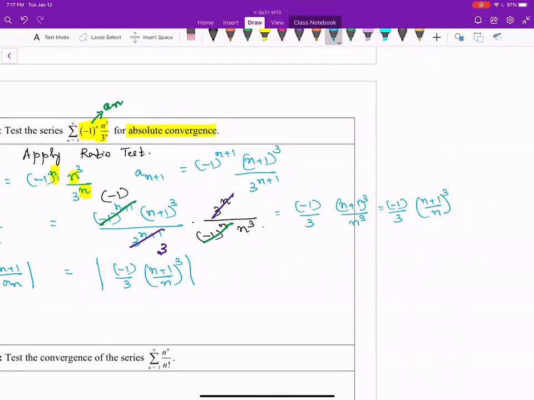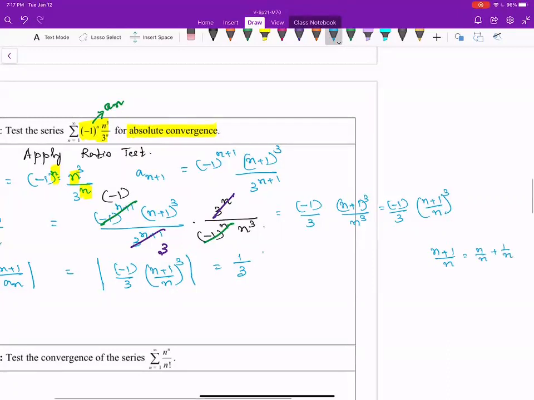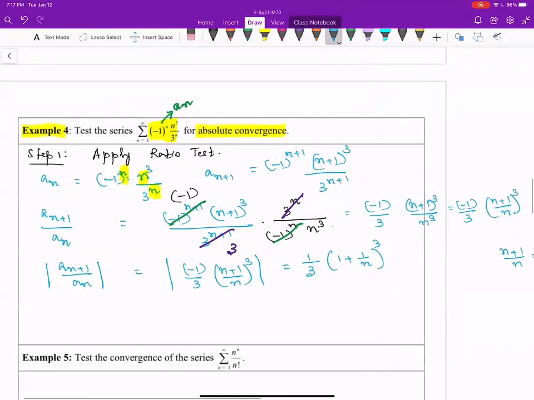It can be taken outside the absolute sign as well. The absolute value of -1 is 1, so 1 over 3. Then we will write n plus 1 over n as n over n plus 1 over n. So it will become (1 + 1/n)^3.